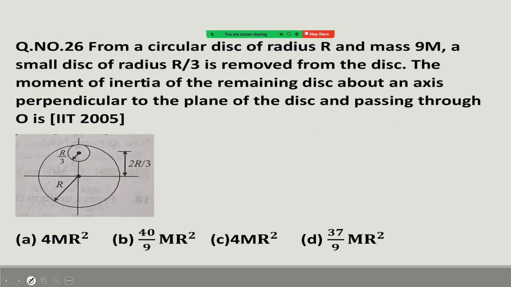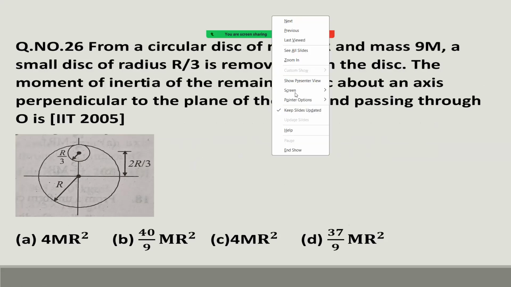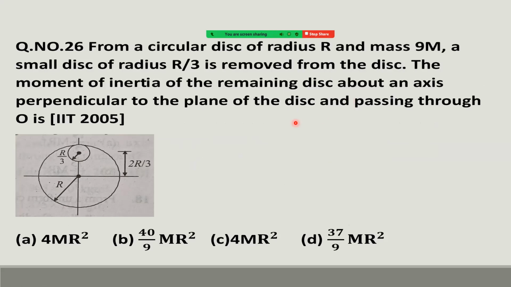See the next one. From a circular disk of radius capital R and mass 9M, a small disk of radius R by 3 is removed from the disk.